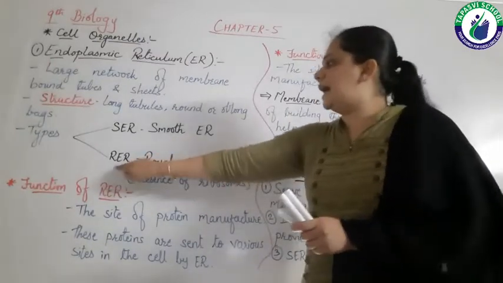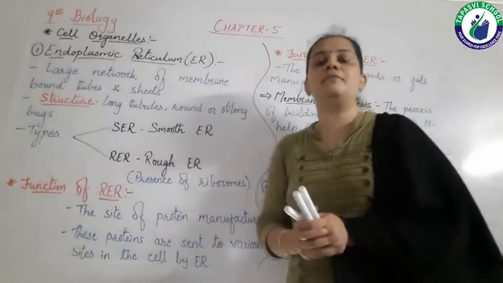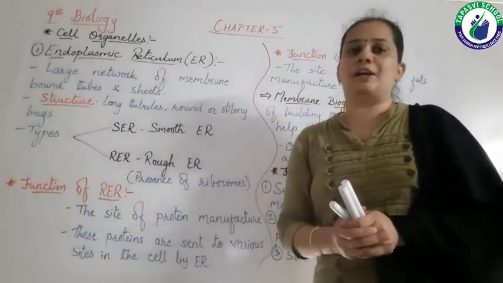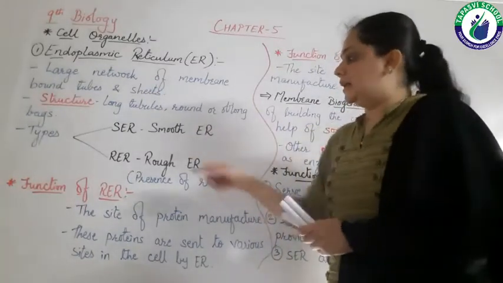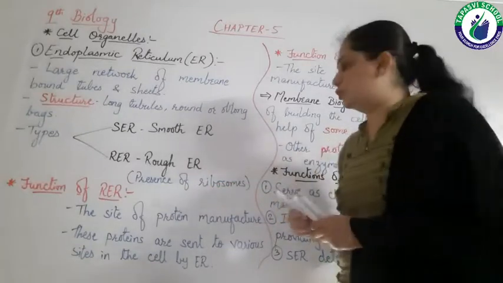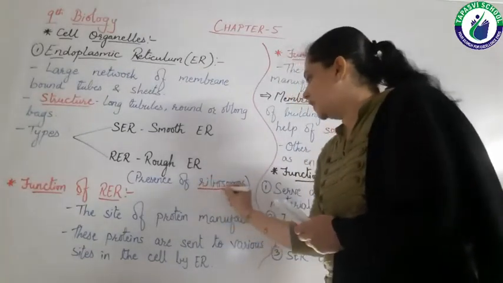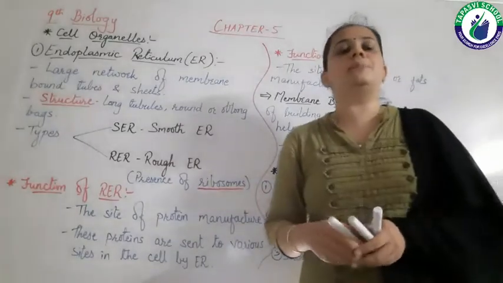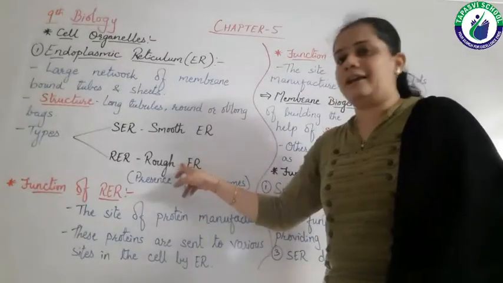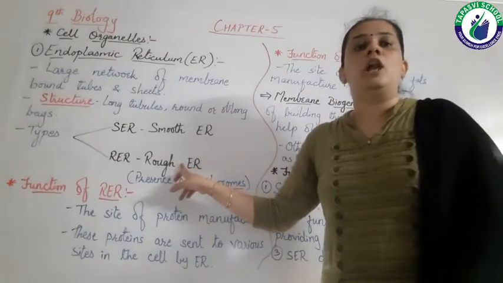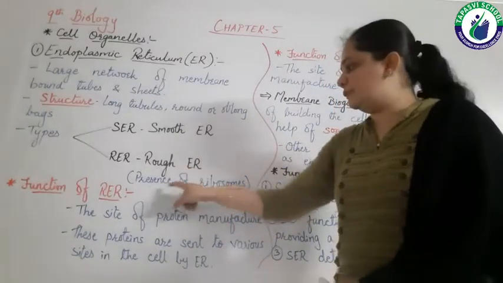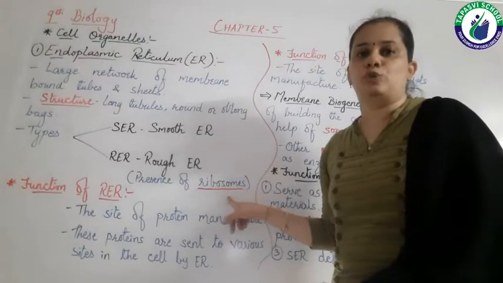Rough ER is rough, meaning when we observe the endoplasmic reticulum under the microscope, it looks rough because of the presence of ribosomes on its surface. These ribosomes are generally present in all active cells. So rough ER looks rough under the microscope because of the presence of ribosomes.